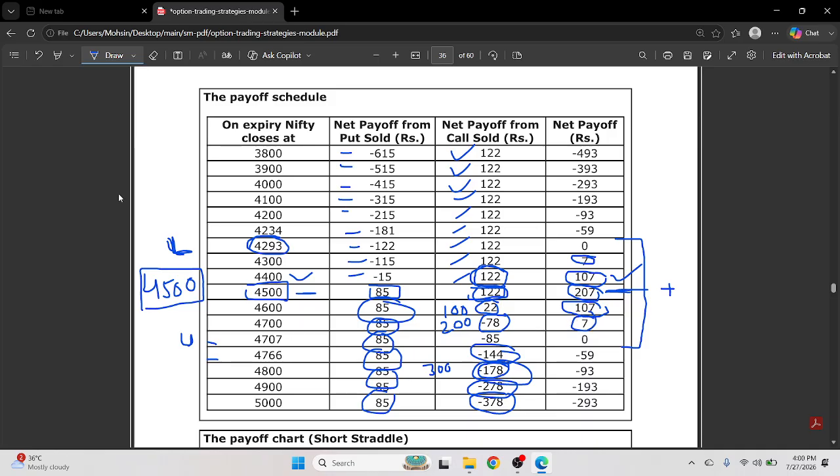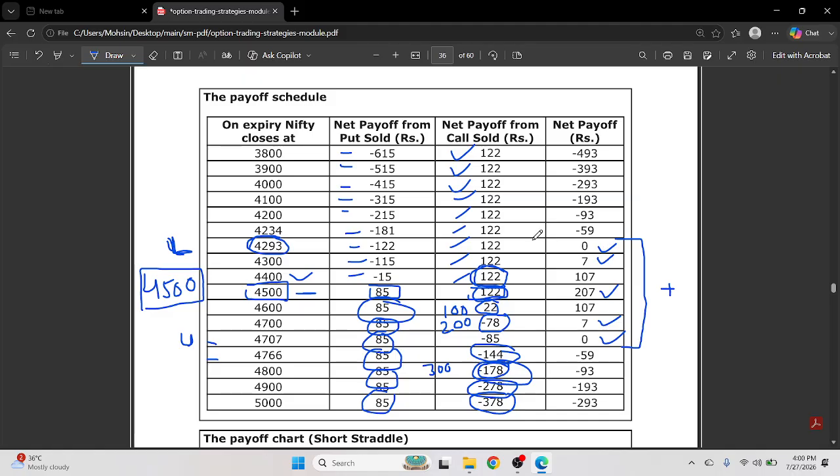Same thing for this. Here there is a 0 break-even point. This is my break-even point on the lower side, and this is my break-even point on the upper side. So if the market remains in this bracket, this is my maximum profit, and this is my minimum profit, and this is the break-even point.